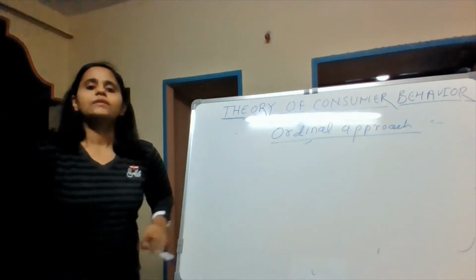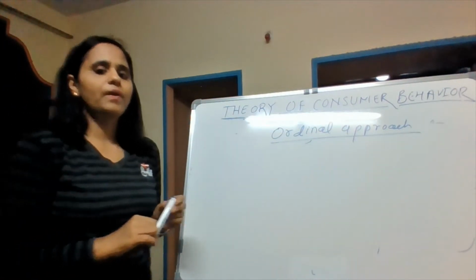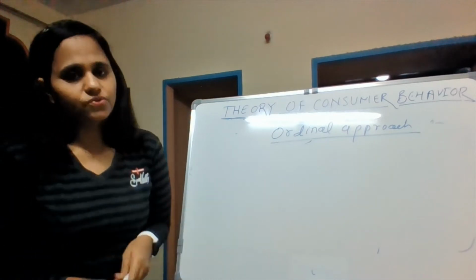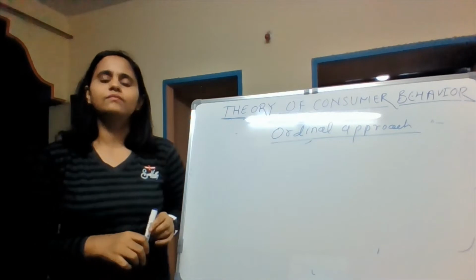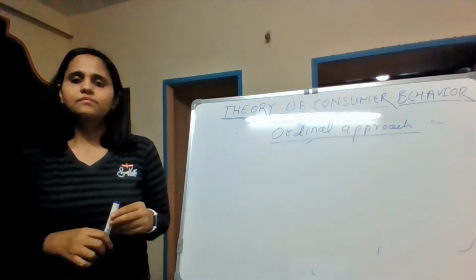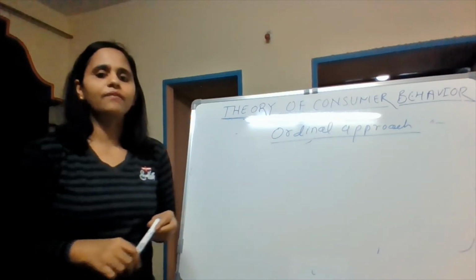Before going into the indifference curve approach, there are different axioms associated with the ordinal approach, which you can understand as a kind of assumption, like the 6 assumptions you had in the cardinal approach. Similarly, you have them here.